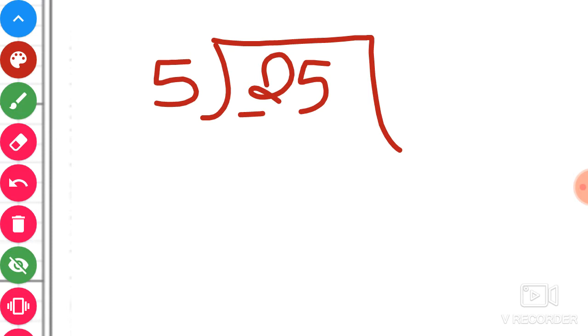Now what we will do? We will take this number as a whole, 25. Now tell me whether 5 के टेबल में 25 आएगा.